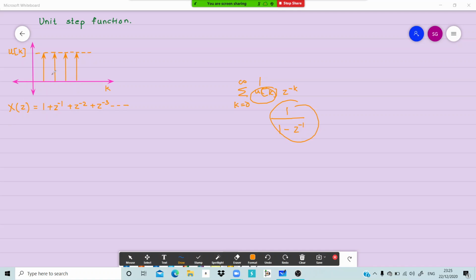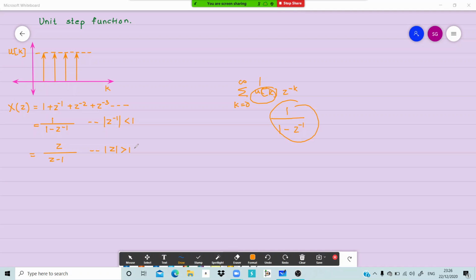We represent it as a geometric series, if you can recollect, and it was coming out to be 1 upon 1 minus common ratio z raised to minus 1, where the amplitude of z raised to minus 1 should be less than 1. Or we can write this as X(z) equal to z upon z minus 1, where the magnitude of z should be greater than 1. Both the things are same, correct?